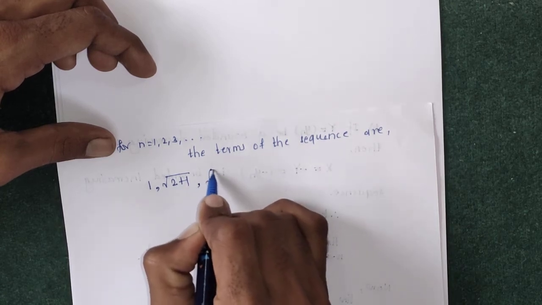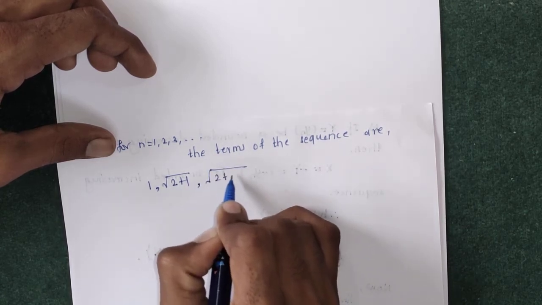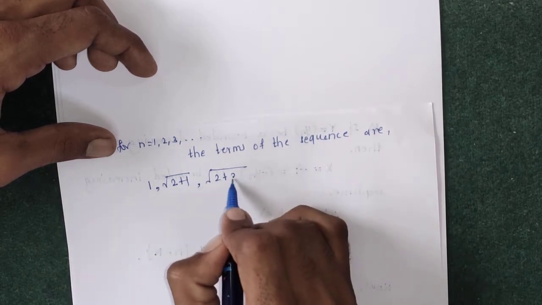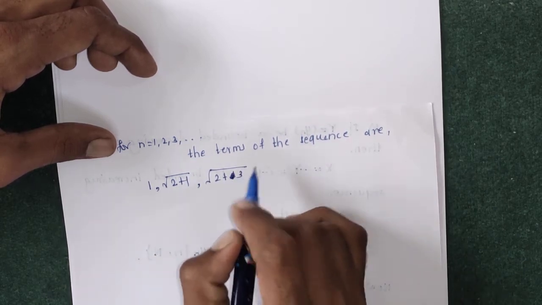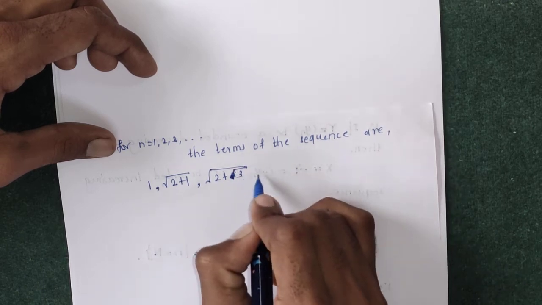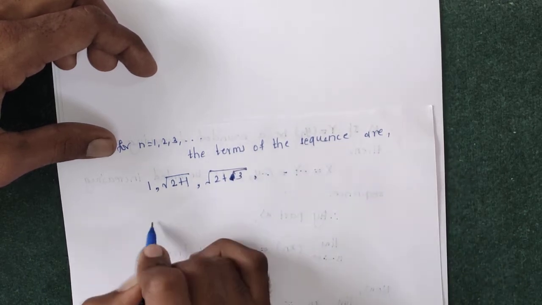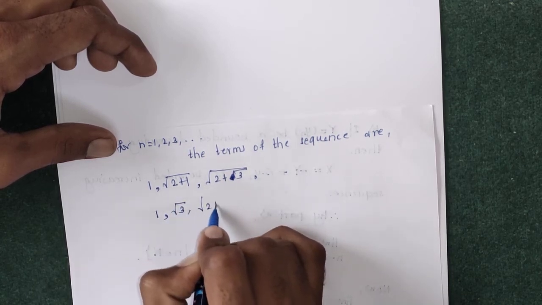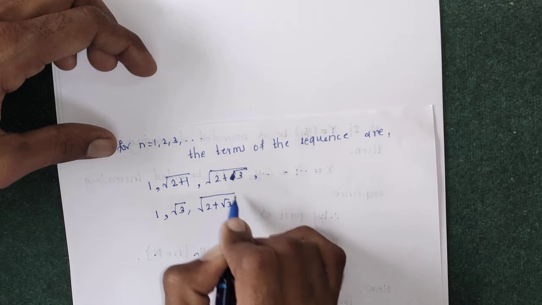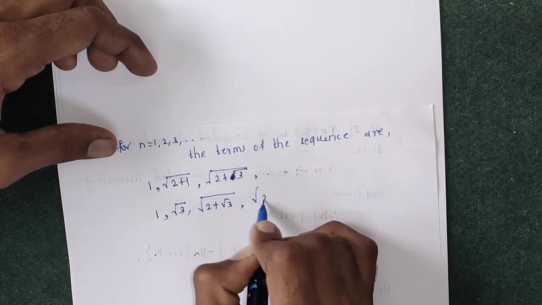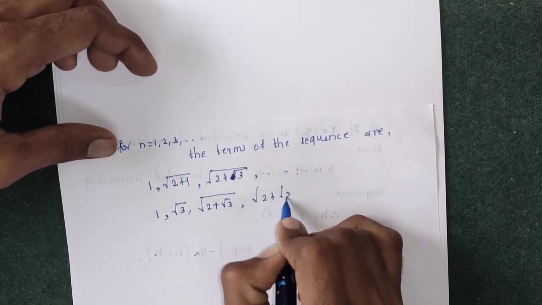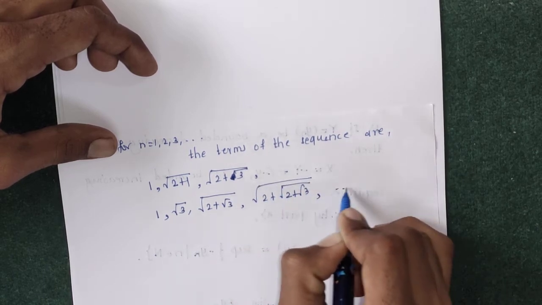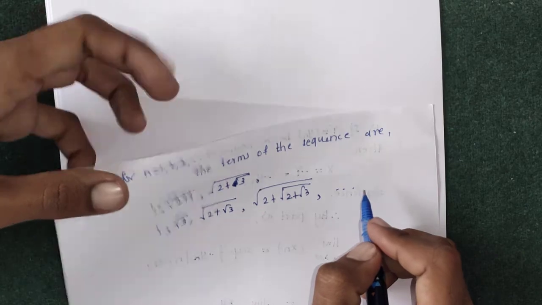Now, for the next term, we get square root of 2 plus x2, and x2 is square root of 3, and so on. So, the first term is 1, the second term is square root of 3, the third term is square root of 2 plus root 3. The next term will be square root of 2 plus square root of root 3, and so on. These are the terms of the sequence.